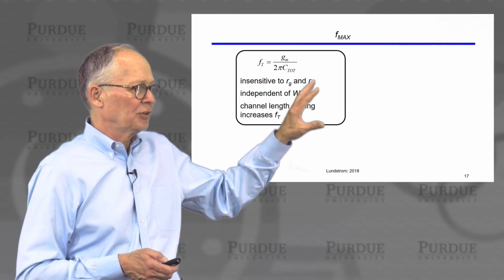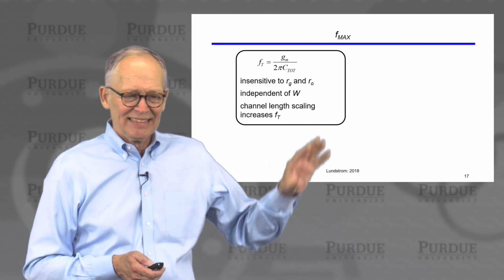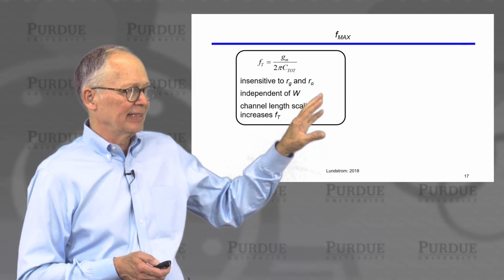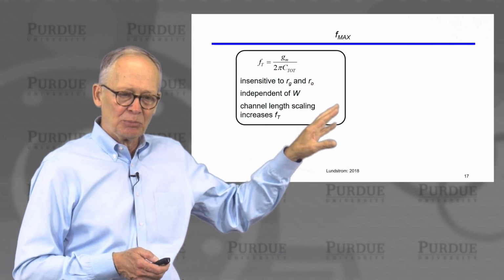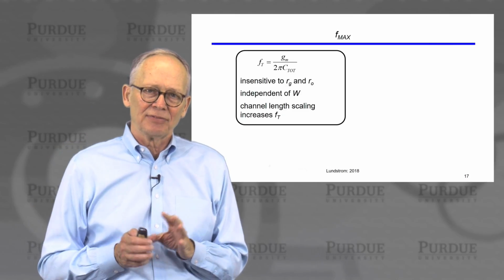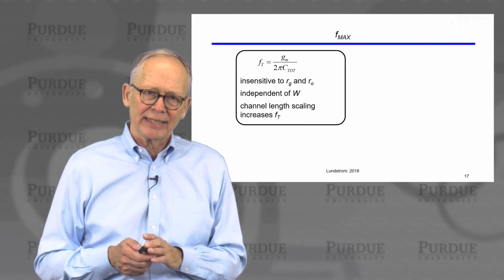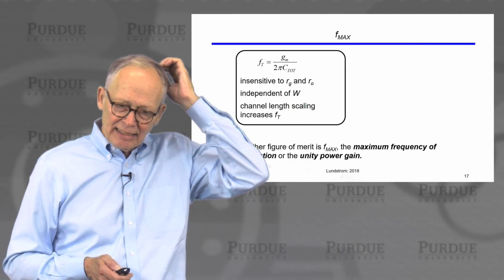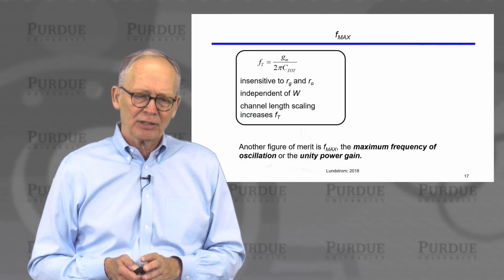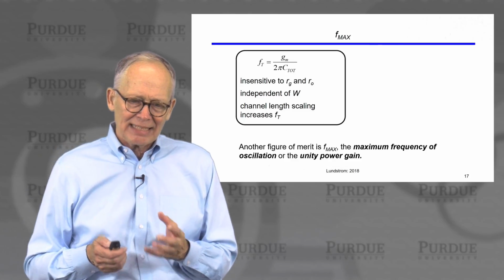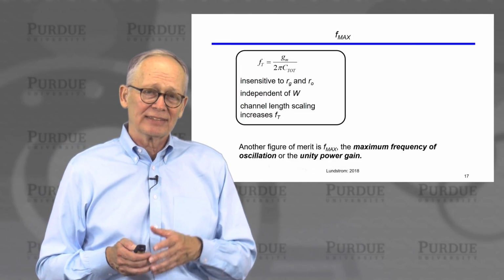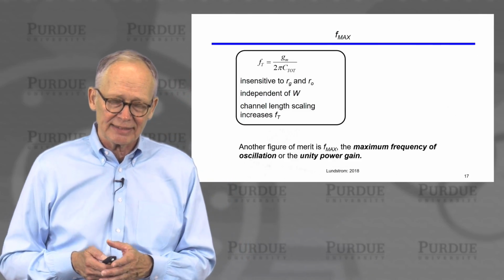So we have this f sub t. It is insensitive to things like the gate resistance and the output resistance. It doesn't give us the full picture of how a realistic circuit that's configured in more complicated ways might operate. There is another figure of merit called f max, the maximum frequency of oscillation, or the unity power gain frequency.